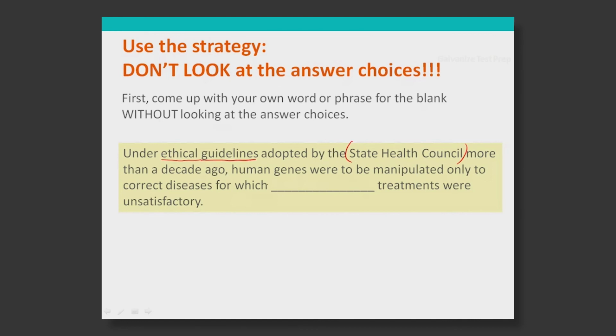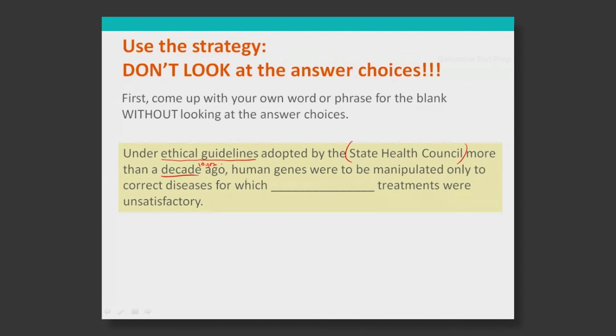So what do we mean by ethical guidelines? Some kind of rule, some group of rules that tell you what's proper and ethical behavior, moral behavior. And the State Health Council has adopted these guidelines. Okay, and that's happened more than a decade ago. A decade is 10 years, right? So these guidelines have been adopted by the council over 10 years ago.